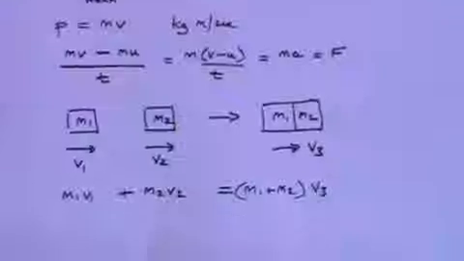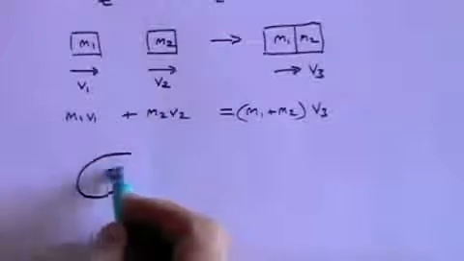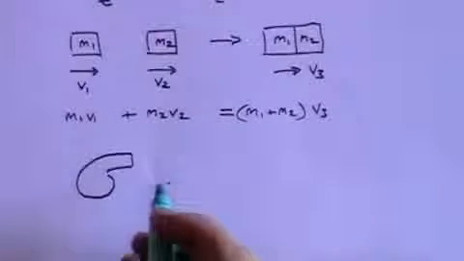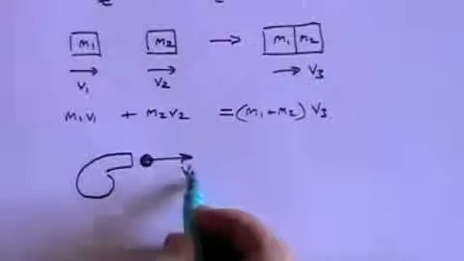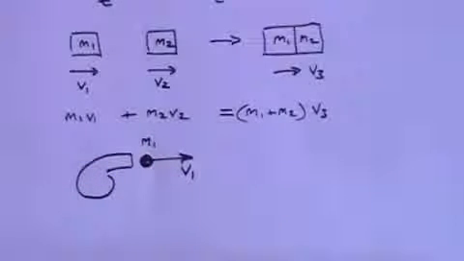We can use this, for example, to consider the situation where a cannonball is firing. Now, a cannon on its own with the ball inside has no momentum. It isn't moving. But once the cannon is fired, the ball will come shooting out at velocity v1. And let's say it has a mass m1.